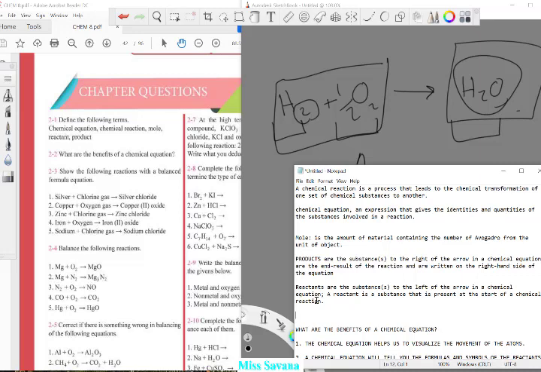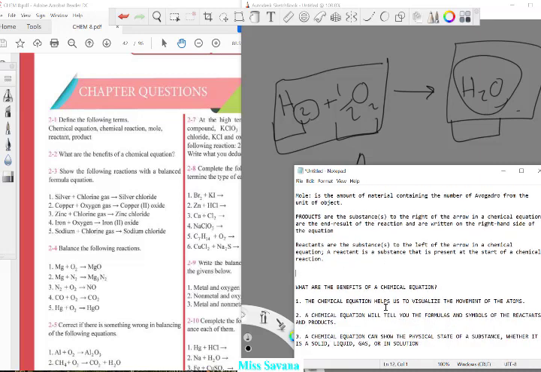Later on, you have the product and reactant. The product is the substance produced from the chemical reaction, and the reactant is the substance entering the chemical reaction. As in our equation, hydrogen and oxygen are the reactants, and H2O is the product, the substance coming out of the reaction. Both of them are substances, but you have to find the location.